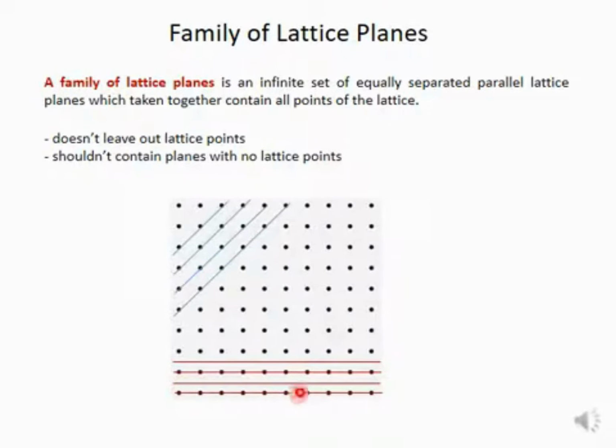Here the planes are equidistant from each other, and some of them do contain lattice points, and if you extend it in any direction it would cover all the lattice points, but you notice that there are certain planes in this set which do not have any lattice point at all. So this is not a family of lattice planes.